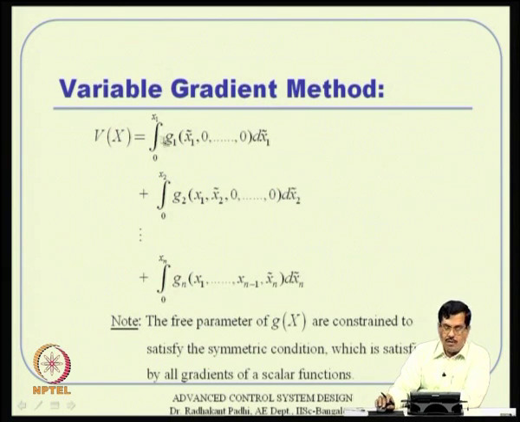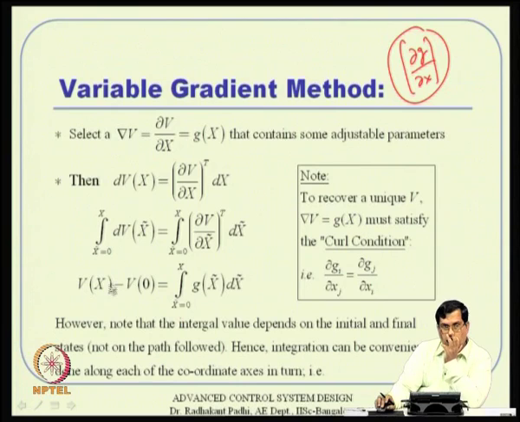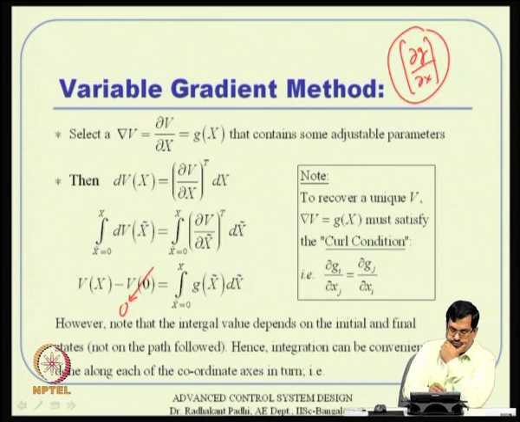So, that is the expression what you see here, with the assumption that v of 0 is 0. v of 0 has to be 0 for that. All right, so that's the way to proceed further.